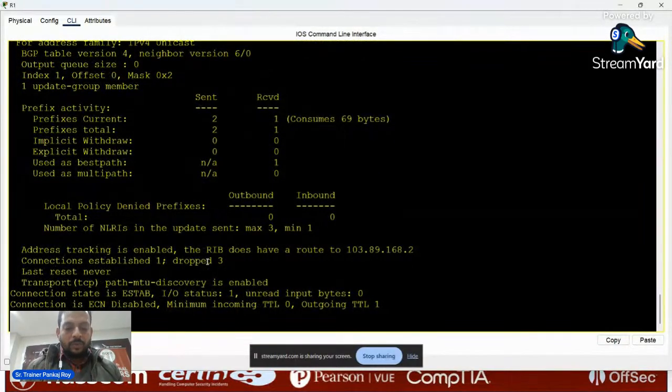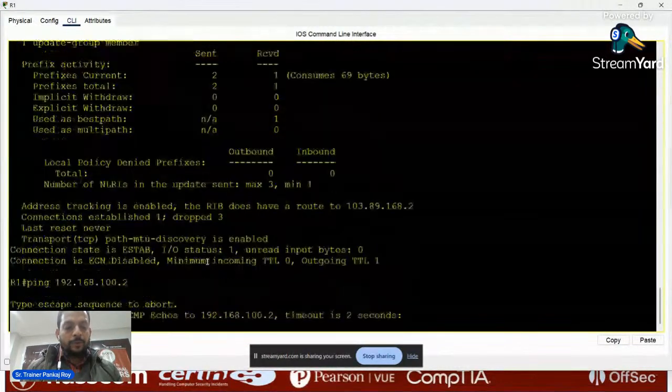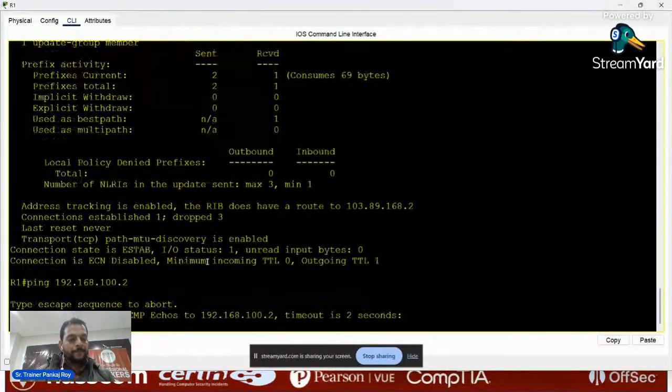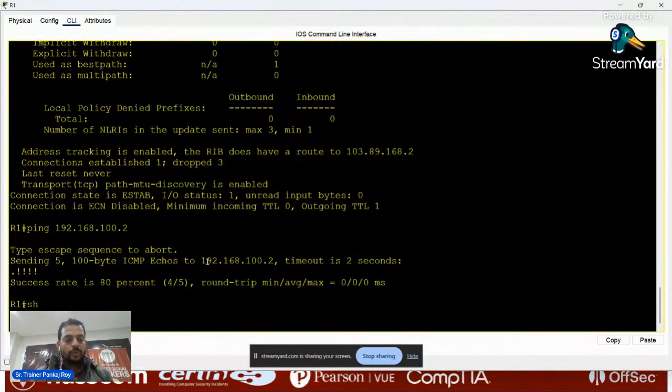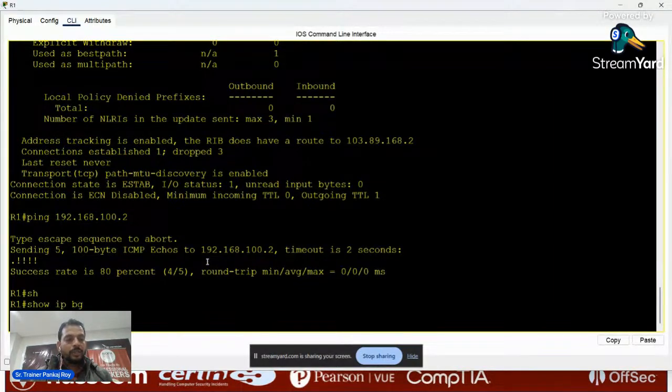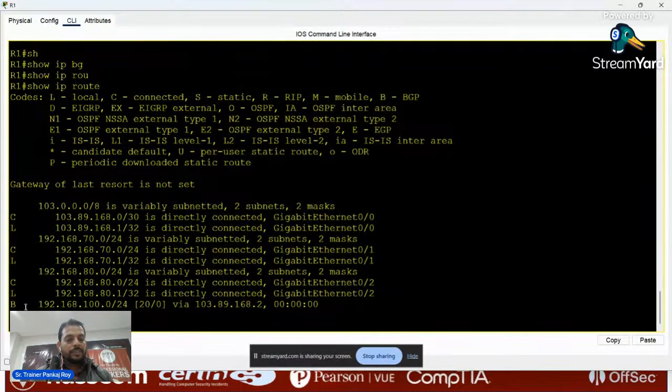So ping 192.168.100.2. Just look at that, the traffic is established now. So show ip route: if you check this IP route, look, BGP has been established now.